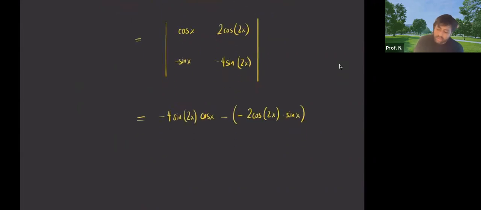And then this is minus negative 2 cosine of 2x times sine of x. And so this will equal negative 4 sine of 2x cosine of x plus 2 cosine of 2x sine of x.